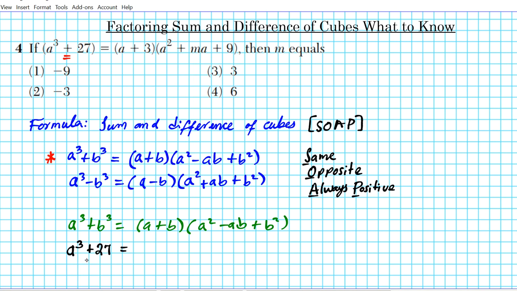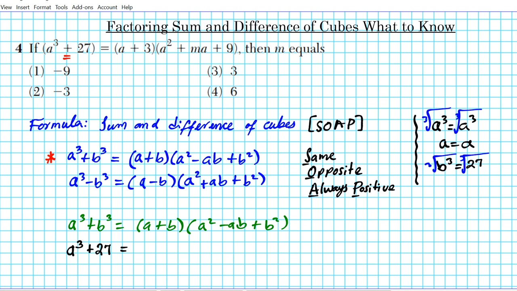All right, so we can clearly see that in this particular problem, a cubed is equal to a cubed, right? So if you cube root both sides, a is a. And then we have b cubed is equal to 27. We took the cube root of both sides, so we have a is equal to a. Now, what is b?